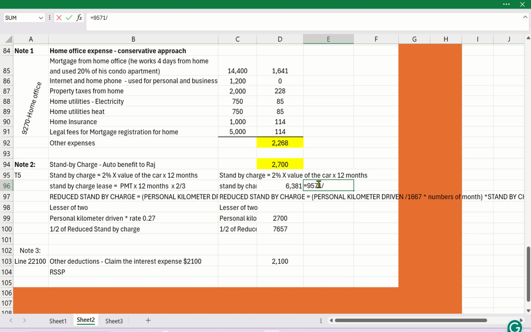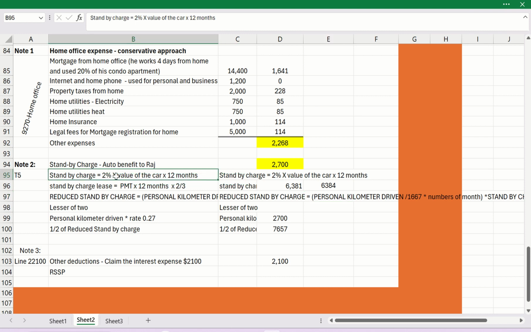So let's show that to you here. $9,571 divided by 12 is $798. So you're going to have 798 multiplied by 12, and then multiplied by 2/3. Now, this is a leased vehicle.